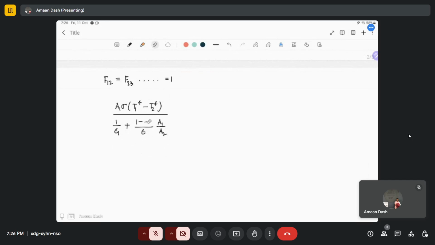Another thing, let me write the expression so that it will be easier to modify this. I'll tell you how to easily remember this expression.